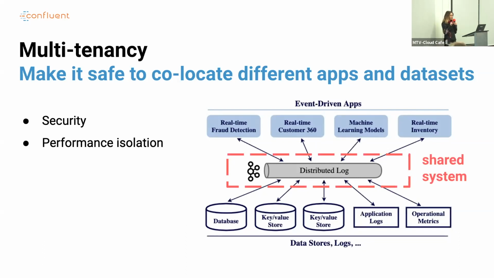But the fact that you can scale it is not enough, right? For example, you don't want all your teams to see some customer data. Maybe you don't want some applications to access certain topic partitions.